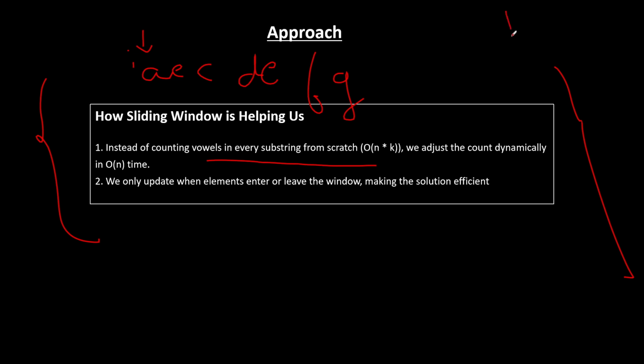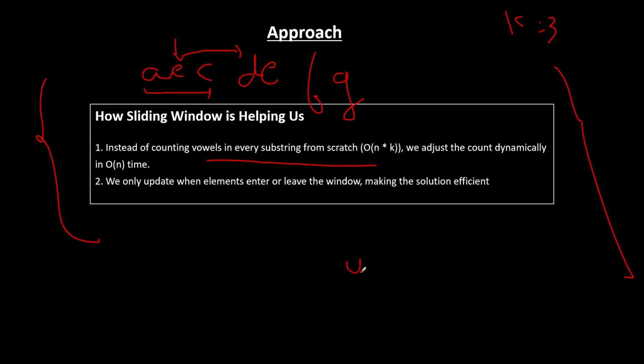Now k is 3. So from i you will go till k minus 1 here, and you will check. That is fine. But again, you will remove i from here and place i here, and again you will go for k. So it is a tedious task.